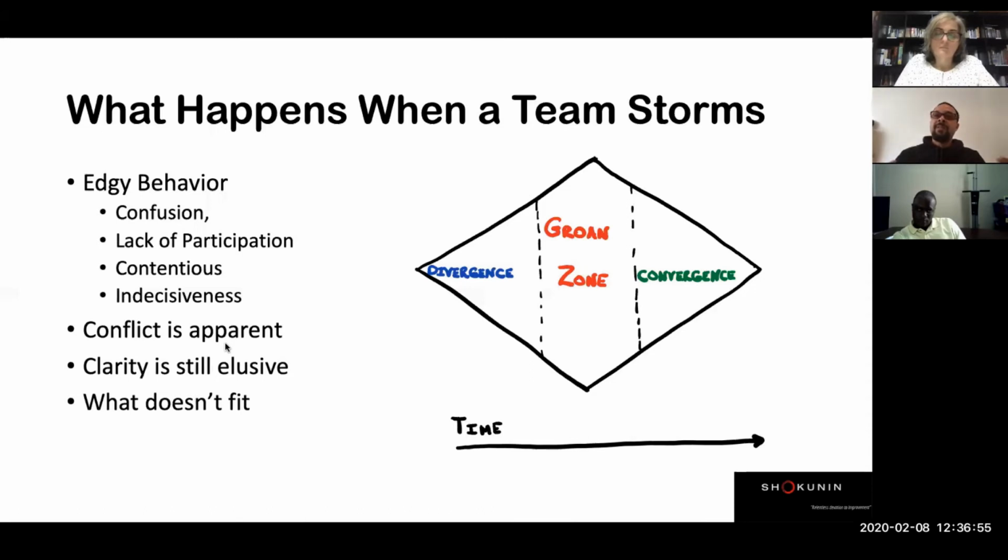That our arguments seem to be more rooted in personality rather than the issue. And so those are the kind of things to start to look out for. Conflict may be rising as opposed to leveling off or decreasing. Clarity may still seem to be really elusive to folks. We started talking about forming, and there's a whole lot of questioning.